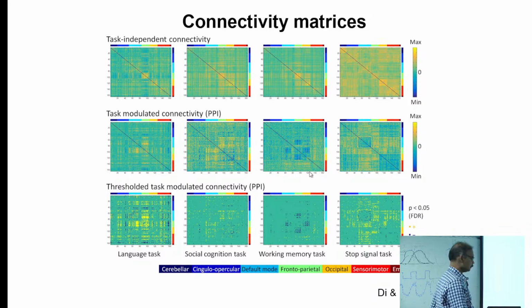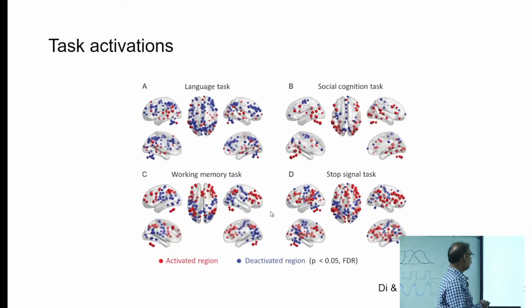Next one. We show something like this for the language task. The red shows activated regions and blue shows deactivated regions, like it has a negative connectivity.